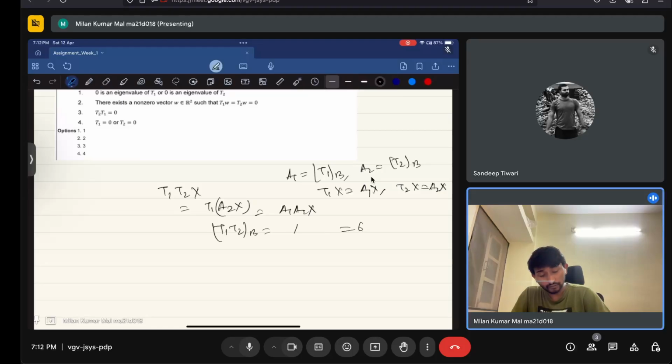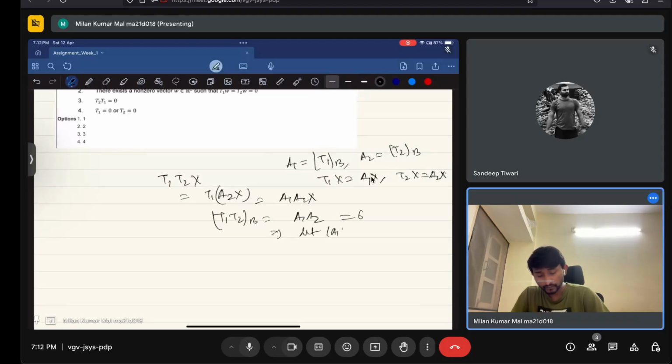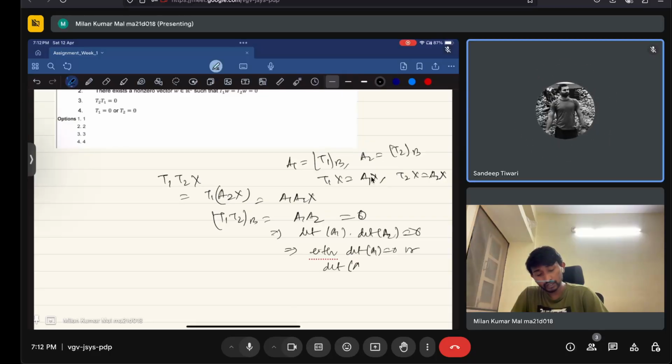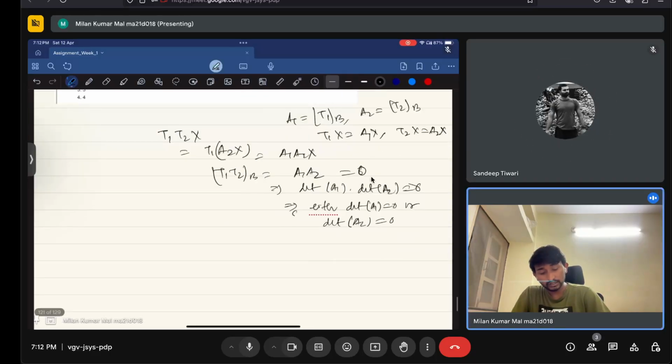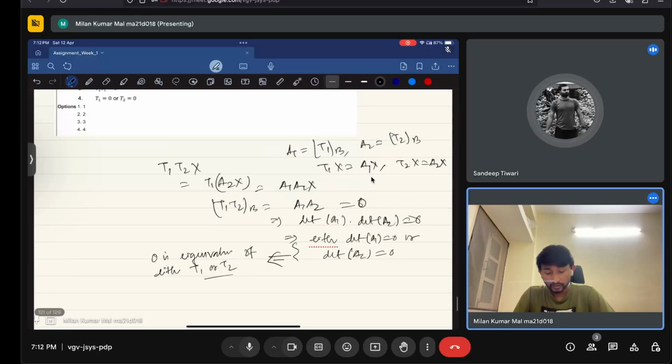So the determinant of A1 times the determinant of A2 equals 0, which implies that at least one of them is 0, either determinant of A1 equals 0 or determinant of A2 equals 0, and this shows that 0 is an eigenvalue of either T1 or T2.